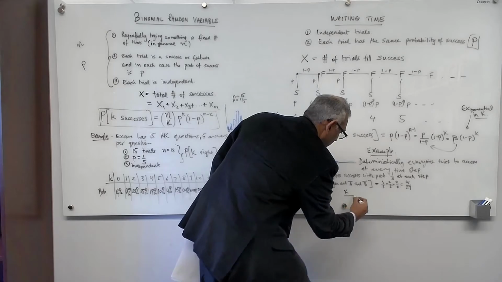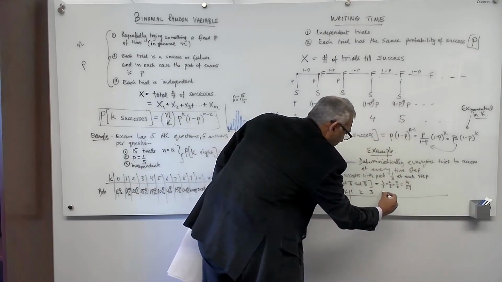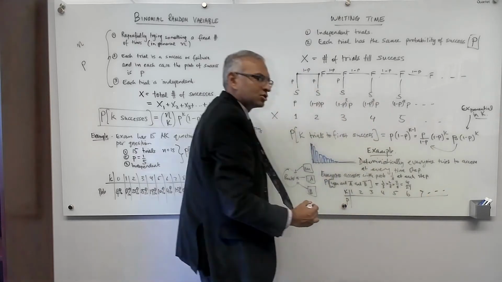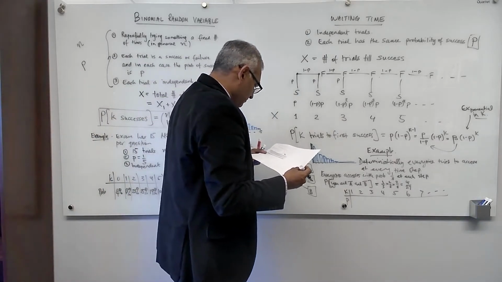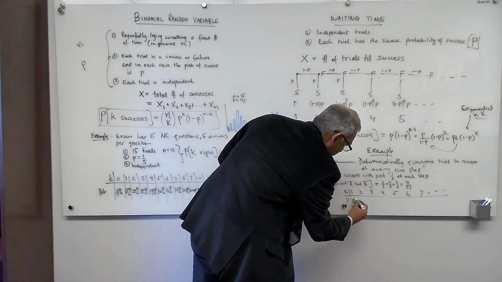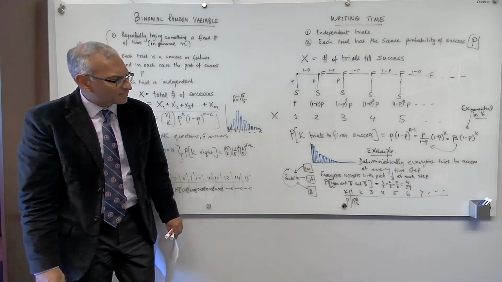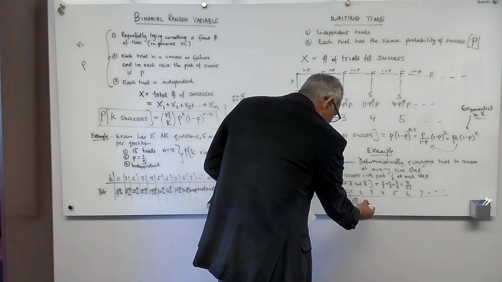So K is 1, 2, 3, 4, 5, 6, 7, and so on. And what's your probability that you have to wait for one trial? So the probability that you have to wait for one trial is about 15%. There's about 15% chance that you will succeed on the first trial. The second trial, about 13%.